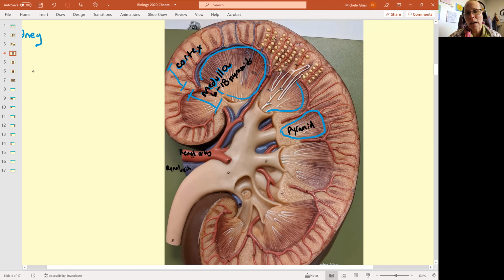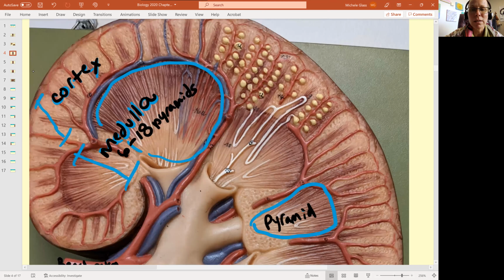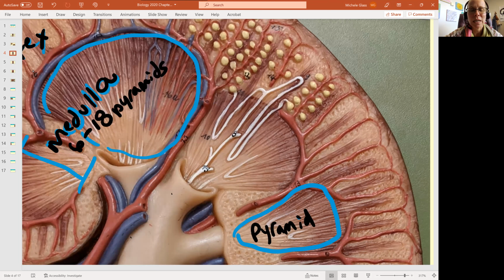Taking a look at this single pyramid here, we can see we have a lot of these little yellow ball-like structures. And then coming off of a couple of these yellow balls, we're seeing these thin little white tubes. And these thin little white tubes are called nephrons.